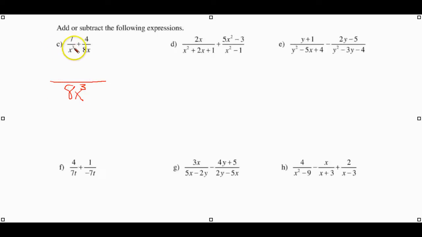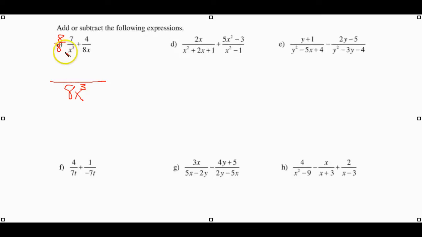Now, what we need to do is modify this fraction so that this denominator becomes this. And we're going to multiply it by a 1 in the form of what? And the answer is 8 over 8. 8 over 8 is 1. We are allowed to multiply anything by 1 and not change its value. We do make it an equivalent fraction, though.